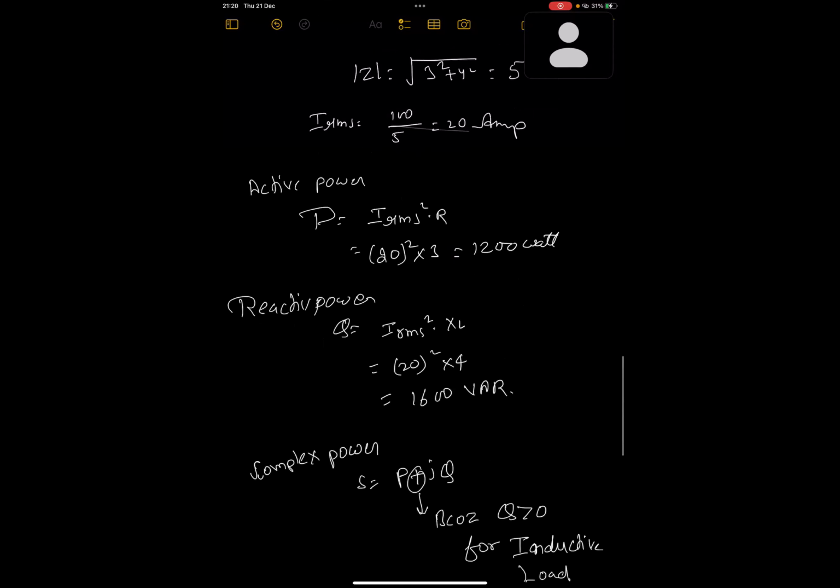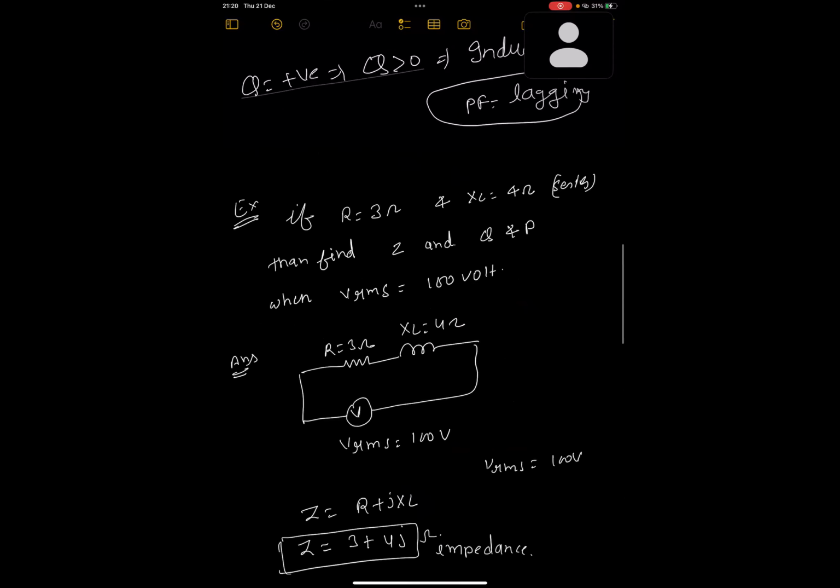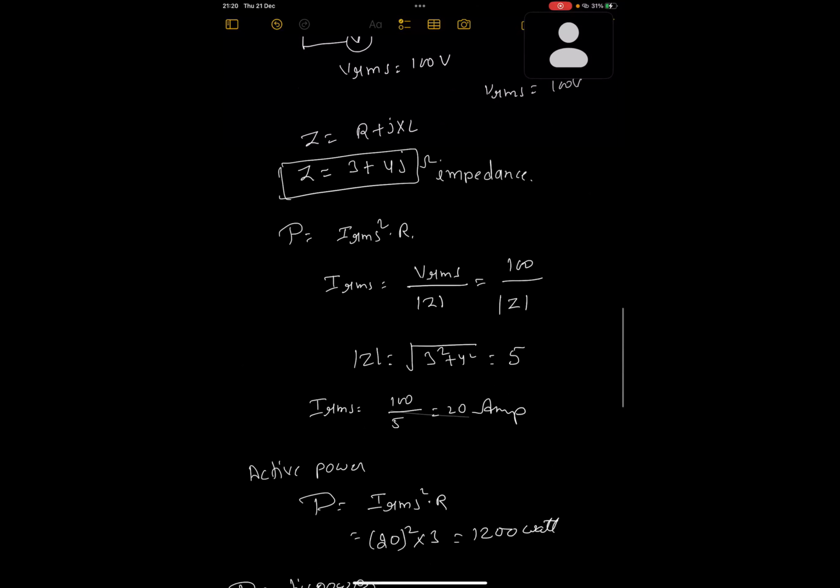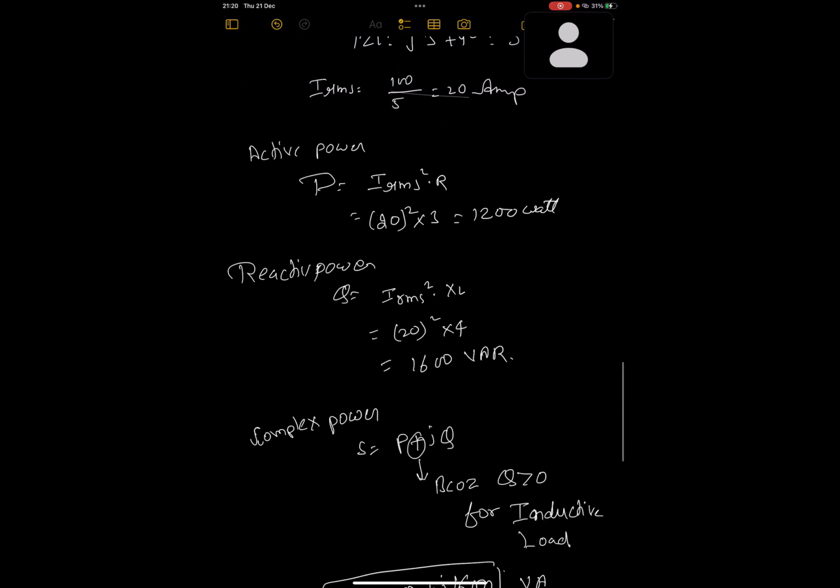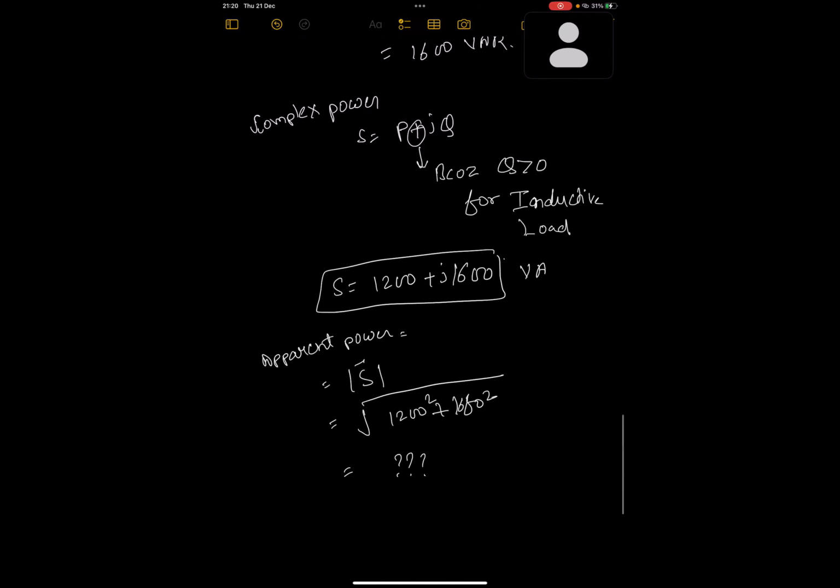Okay, this is the example of inductive reactance, impedance, active power, reactive power, and complex power, series combination is given. Now if you have any doubt in this example, then you can ask me, otherwise you can leave the class.